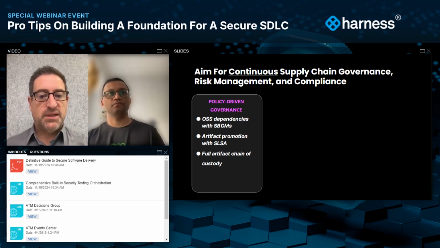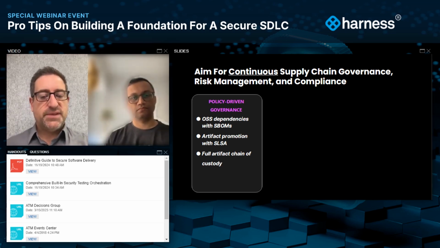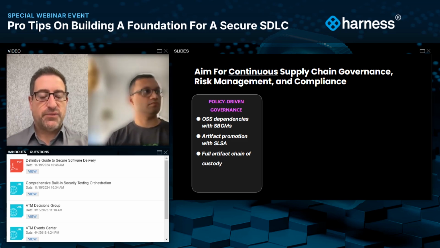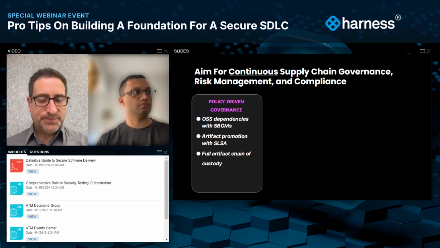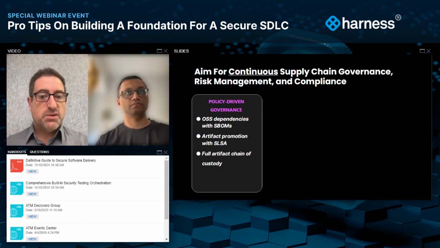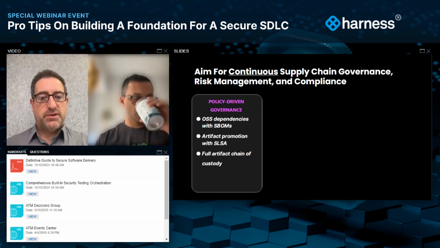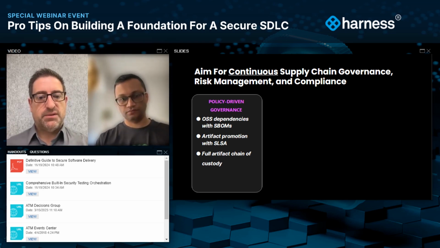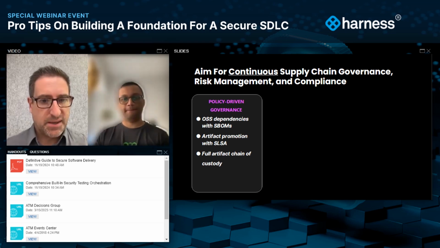Having SBOMs for all of these types of dependencies will allow you to, number one, know what is in that software, what version it is, and a whole variety of other criteria, so that you can create policies that you can enforce throughout the pipeline that will either allow or deny the use of particular dependencies. That is a critical capability here.